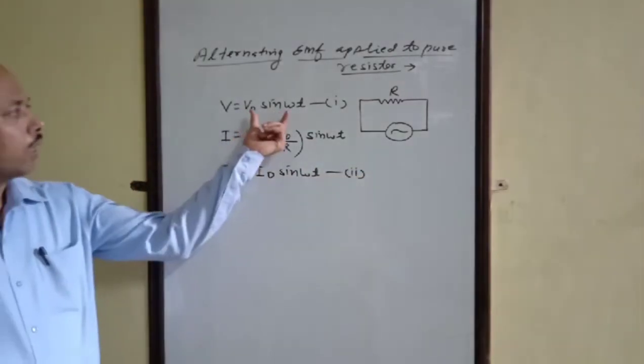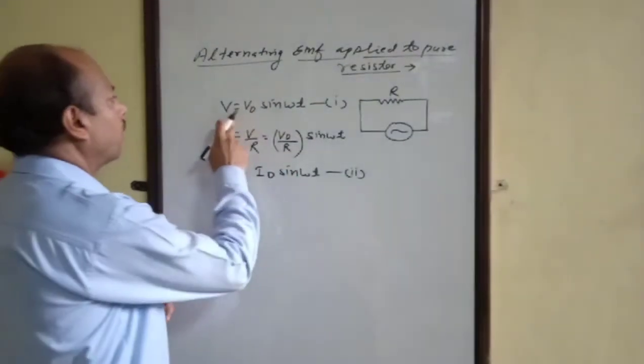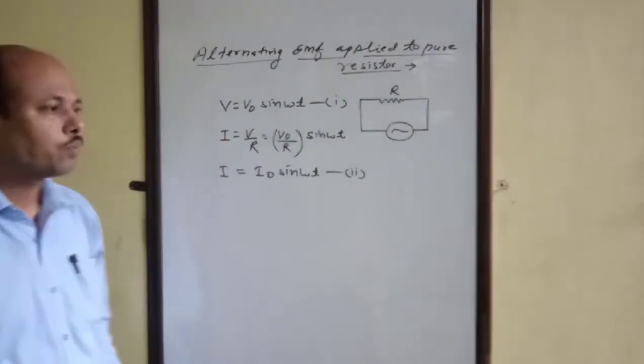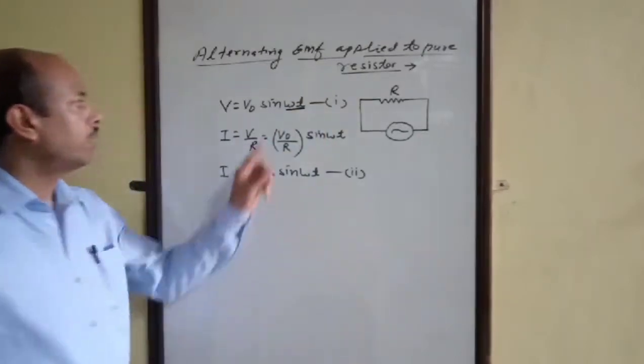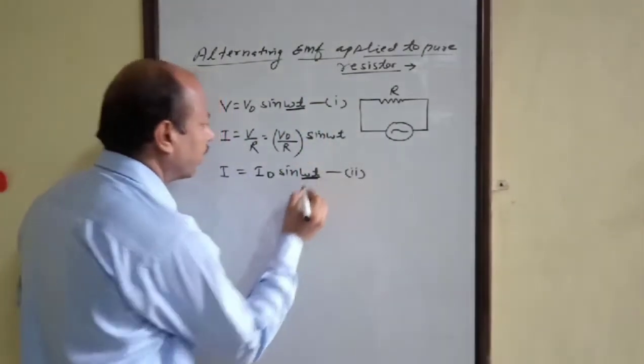Now we have to clearly observe these two equations. This is alternating EMF, this is alternating current. If we see the phase, here it is sin omega t, and here it is also sin omega t.